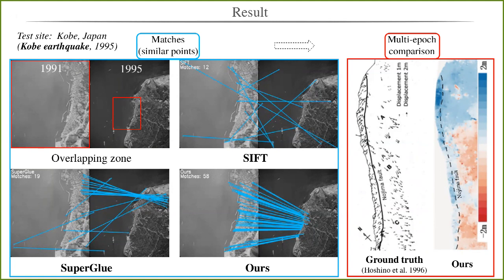Based on the matches we found, we compare multi-epoch to calculate the ground displacement. Here we displayed the ground truth on the left and ours on the right. Ground truth is provided with a lot of manual work, which is laborious, but ours is completely automatic.